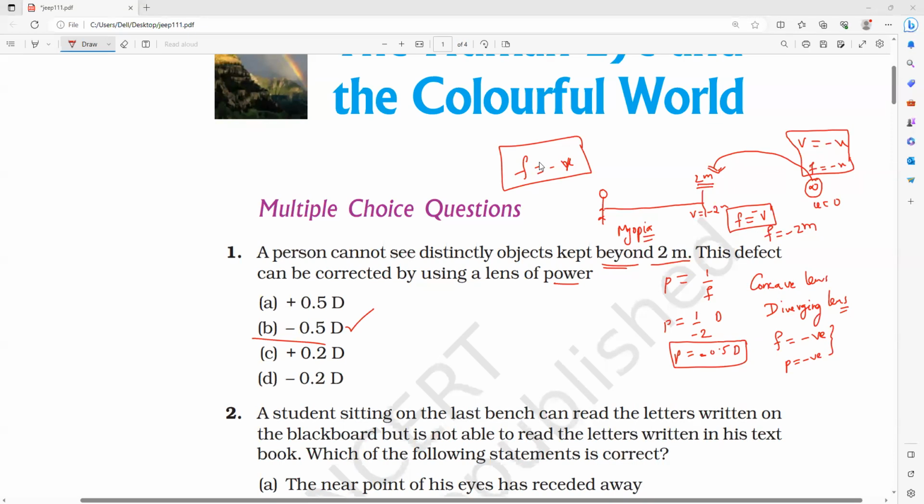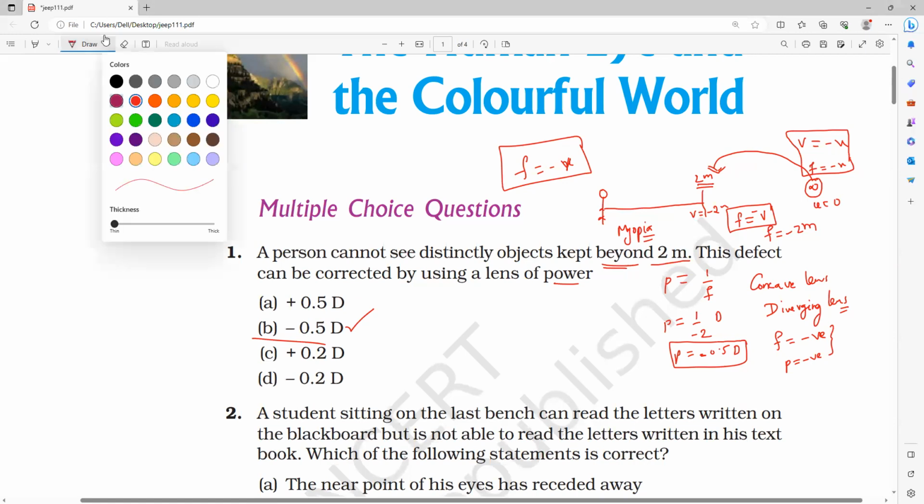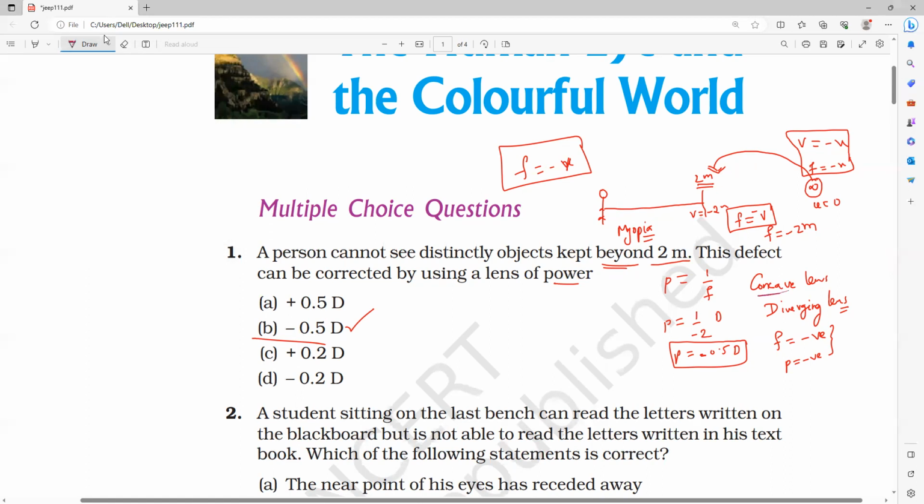Please write the statement, everyone. The focal length of the concave lens. Concave or convex, which lens will we use? Concave lens only.